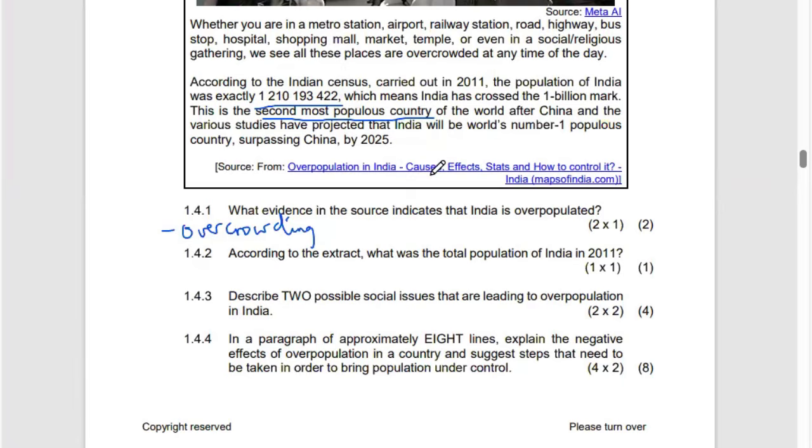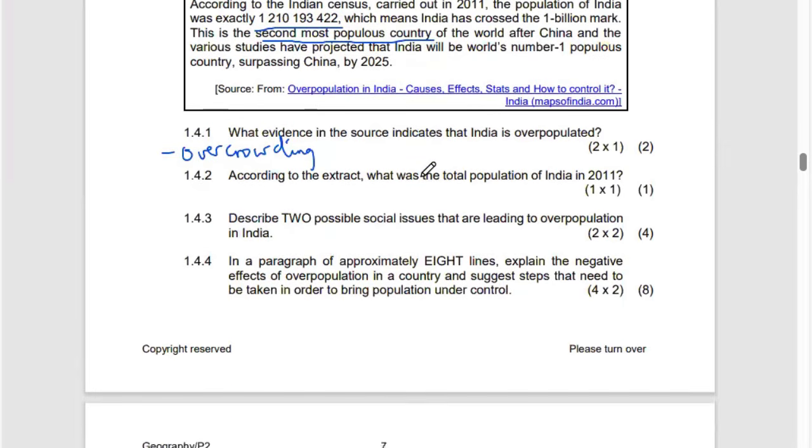It was ultimately 1.2 billion. So basically it's an extraction question: 1,210,193,422. That was the size of the population in 2011.